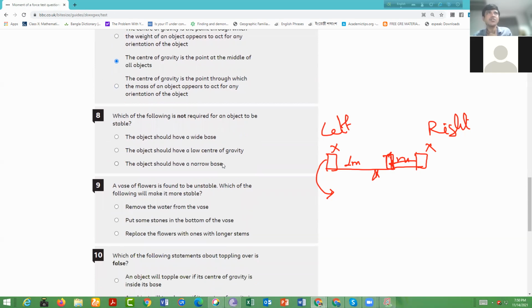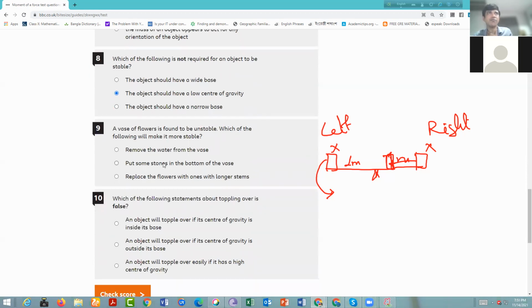Which of the following is not required for an object to be stable? The object should have a low center of gravity. Low center of gravity. A vase of flowers is found to be unstable.